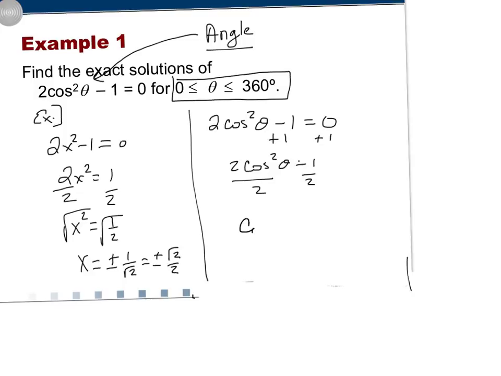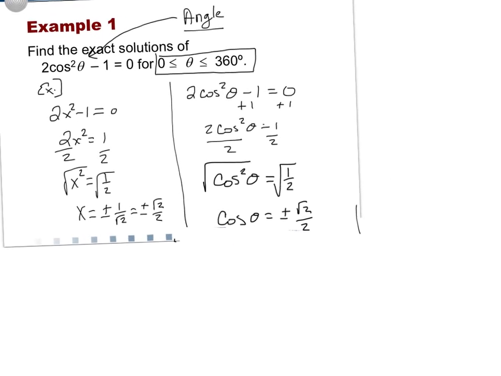And I'm going to get cosine squared of theta is equal to 1/2. And just like the variable, I'm going to take the square root, and I'm going to get cosine theta is equal to plus or minus, and that's going to rationalize to root 2 over 2. Okay, so now the question is, what are the angle measurements for root 2 over 2?